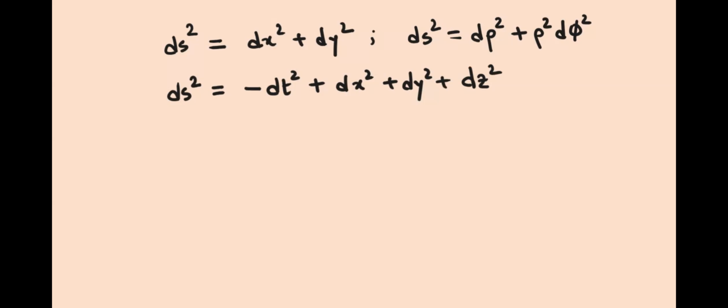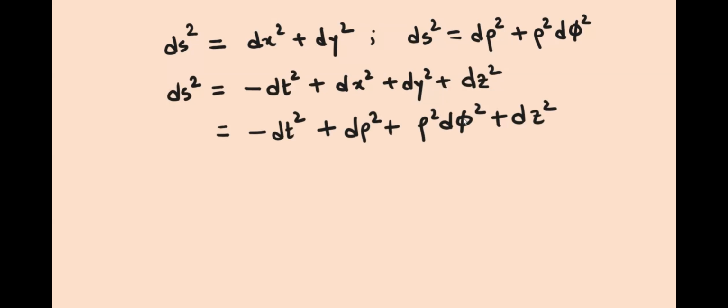Or for example, if we have a cylindrical polar coordinate system for the spatial part, then the same metric would be found by this formula here. And you can go on to any coordinate system you want. Just as a record, I shall mostly stick to the Cartesian expression for distance whenever I can, but that is of course going to change frequently because we always have to change our coordinates.